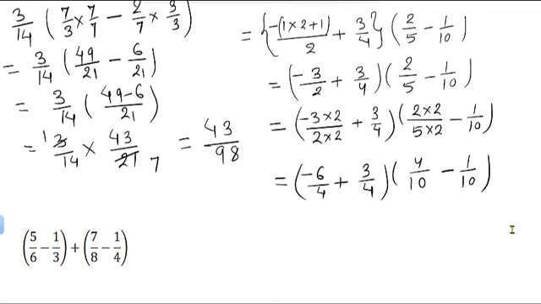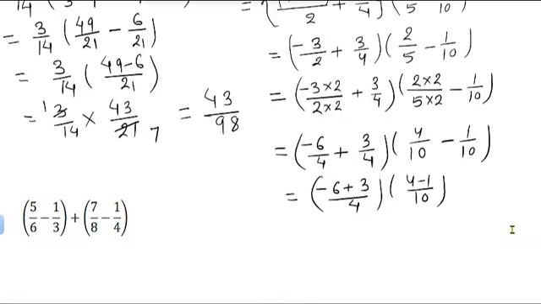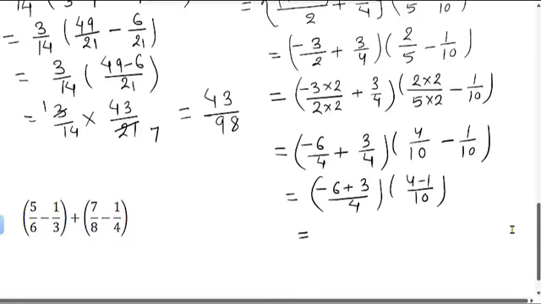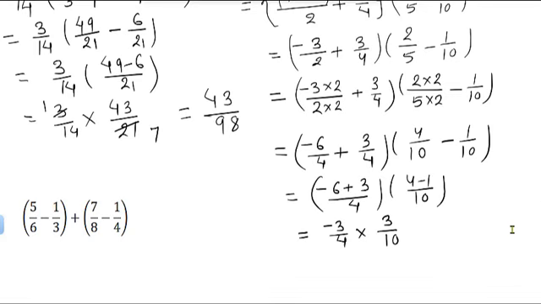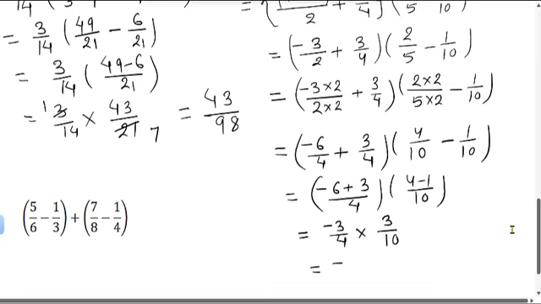Finally you can write minus 6 plus 3 is negative 3 divided by 4, times now 3 divided by 10. So simply that is minus 9 divided by 18.